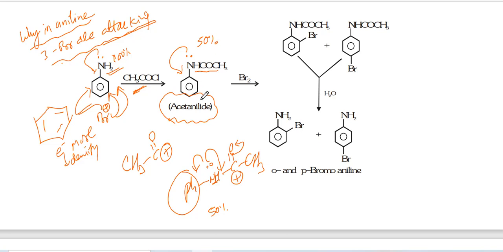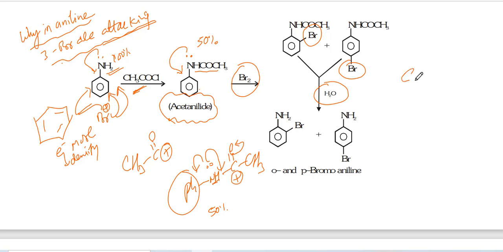So the activation of the benzene ring becomes less. That's why only one bromine will attack on the benzene ring, obviously at the ortho position as well as the para position. After bromination, you do the hydrolysis.